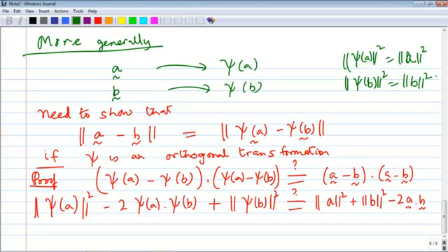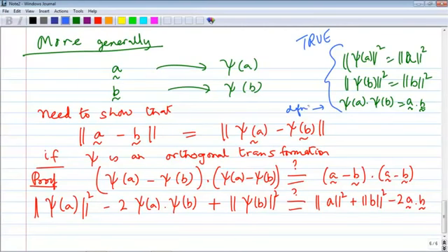So that's good. And what else do we know? We know that psi of A dot psi of B is equal to A dot B. So these are all true, and one of these is true by definition, and these two were proved previously.